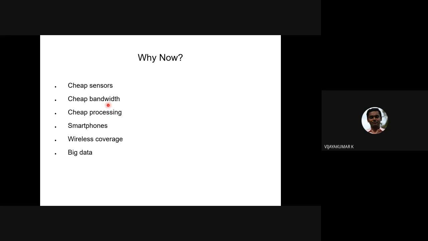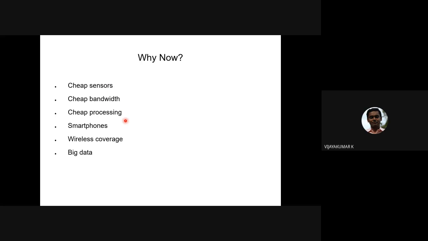And bandwidth: because of Jio, we are getting very cheap data, right? In the same way, we have very good bandwidth. With that bandwidth, you can communicate with each and every device, and you can send the data to the processors and all, right? That is all possible.